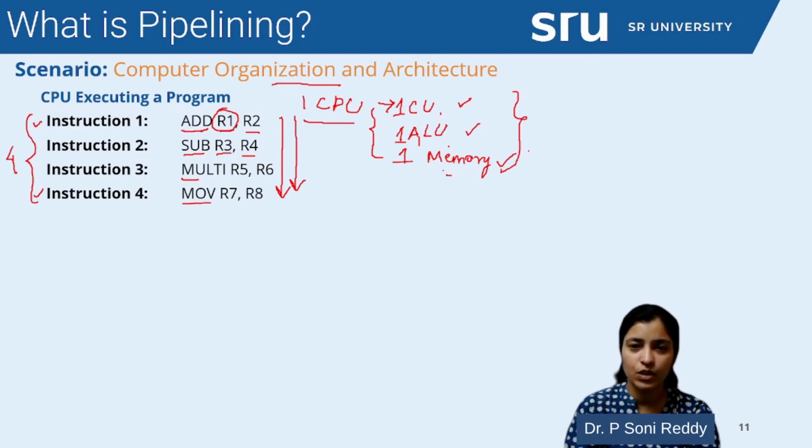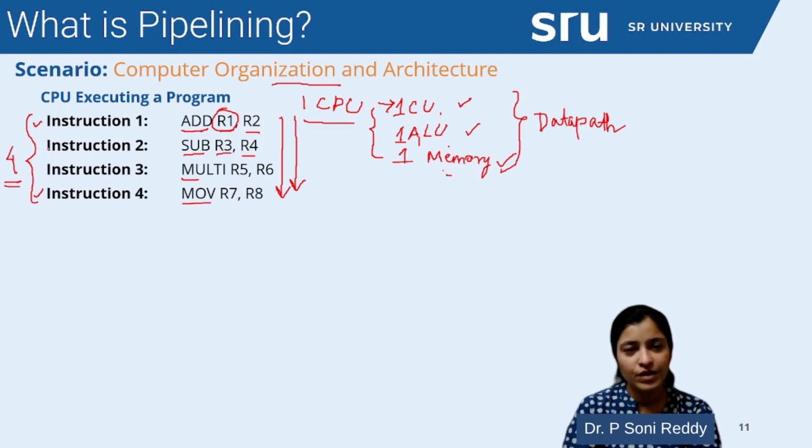This sequence of flow through each of these hardware units is called the data path during the program execution. Now, how will the instructions 1 to 4 in this program be executed? The number of instructions is 4, so remember this instruction count.